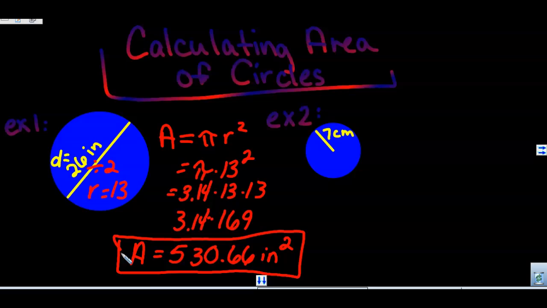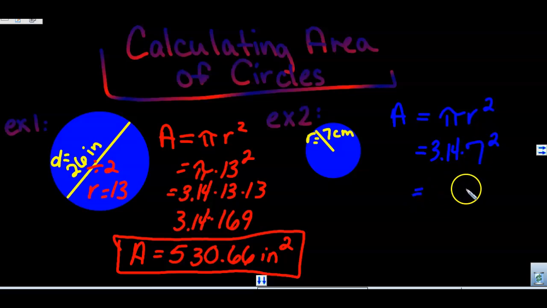Let's move on to the second example. Here we see a much smaller circle. It is giving us a radius of 7. Start with the formula. Area is equal to pi r squared. And let's substitute in what we know. We know the radius, so we don't have to do any further calculations. We just do 7 squared times 3.14.